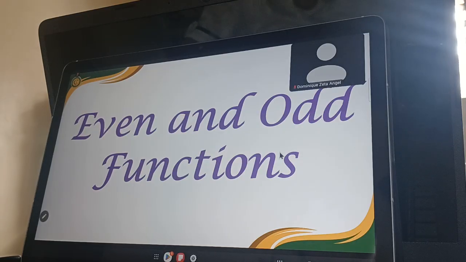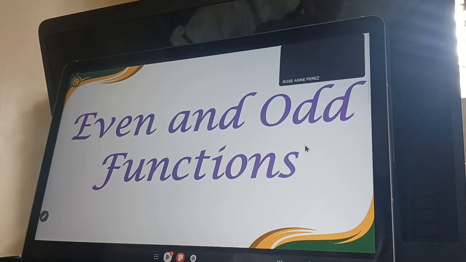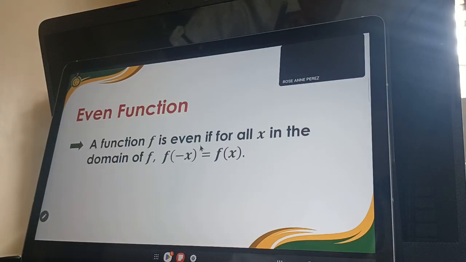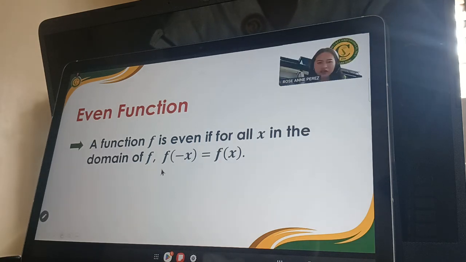Same goes with our even and odd functions. Let's have first the even function. Even function states that a function f is even if for all x in the domain of f, f of negative x equals f of x.